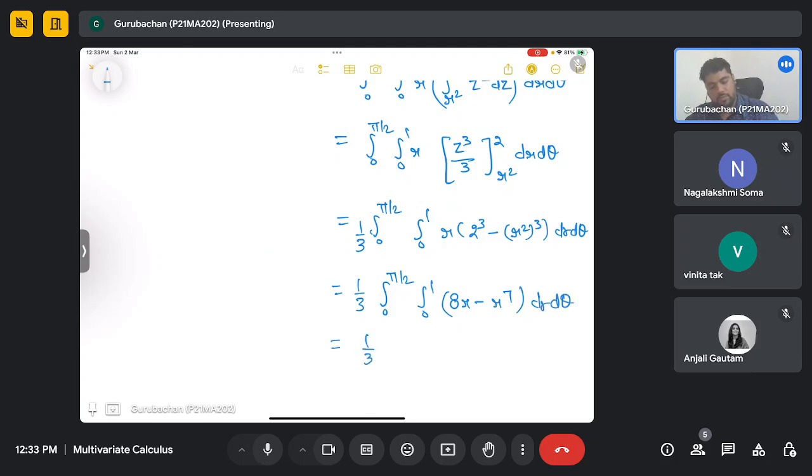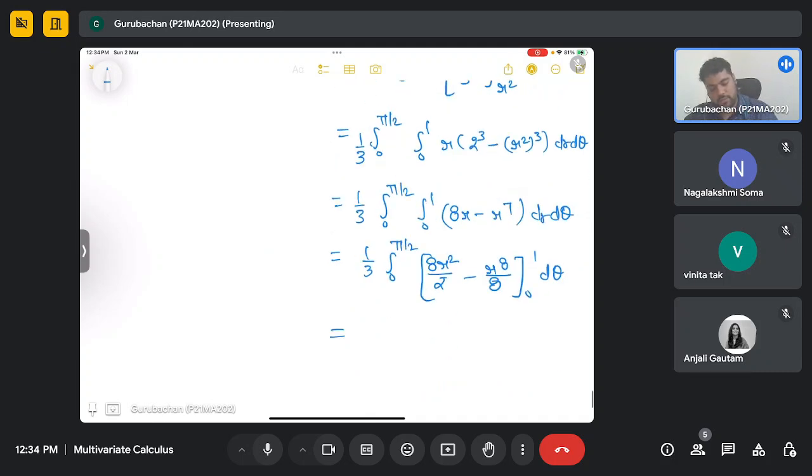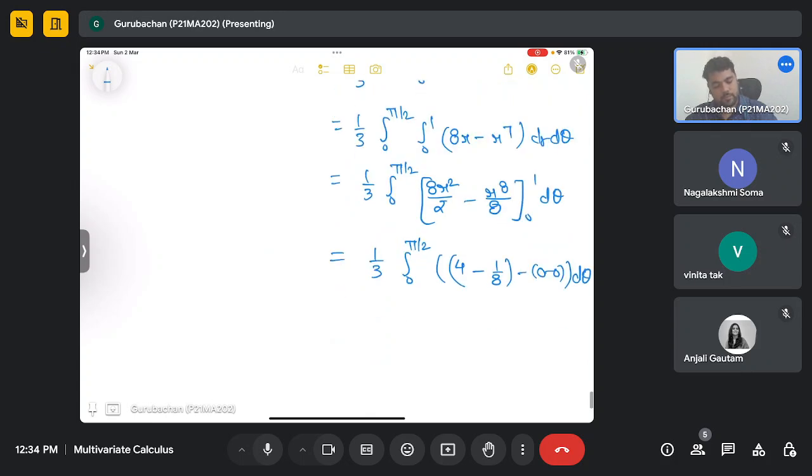So this will be 1 by 3, 0 to pi by 2, 8 r square by 2 minus r to the power 8 by 8, from 0 to 1, d theta, which will give us 1 by 3, 0 to pi by 2, 4 minus 1 by 8 minus 0 d theta.